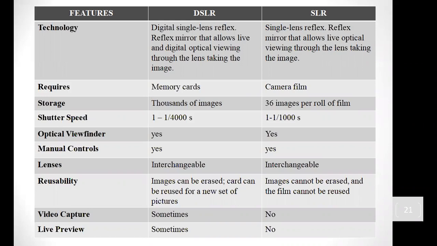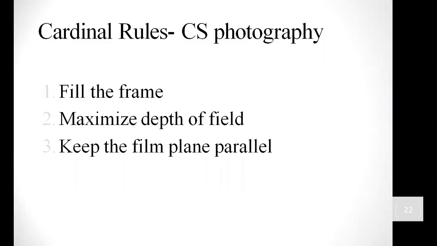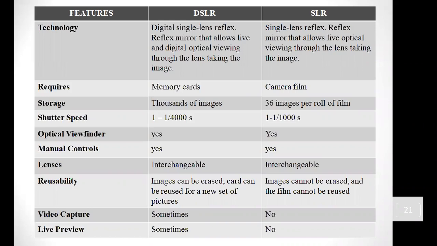Then the advantage of DSLR is that you can record videos also. That is not possible in normal SLRs. Okay. So this was all about SLR, DSLR, and all those things. Next class we can discuss the cardinal rules.